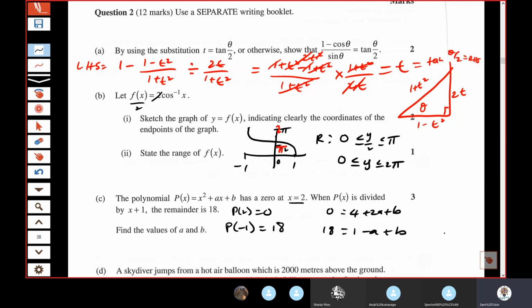Solve simultaneously. What do we get? Someone tell me the answer for a and b. Anyone agree or disagree? Or we can check. Maybe not up to it yet.